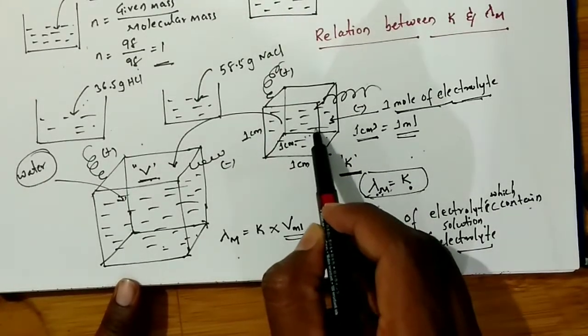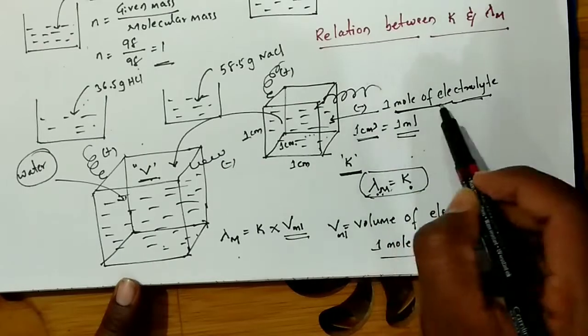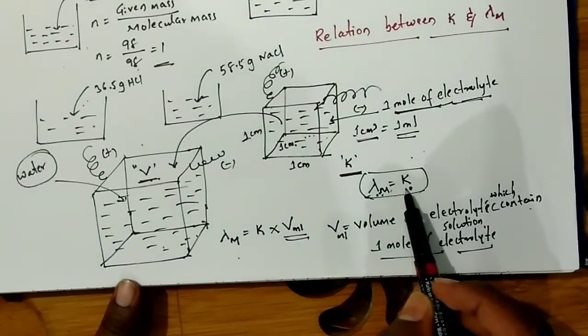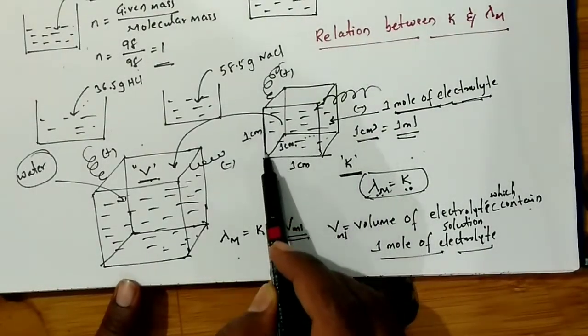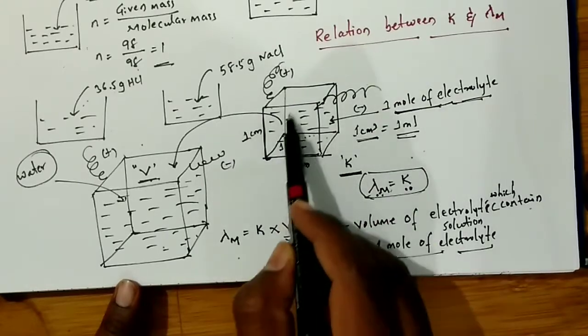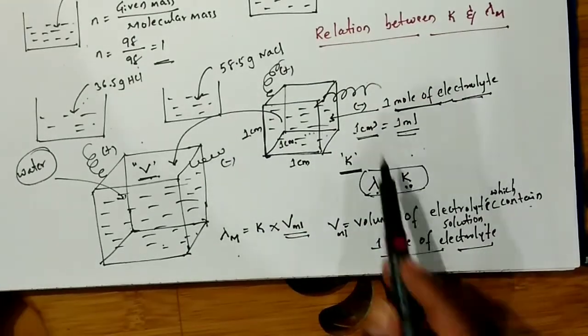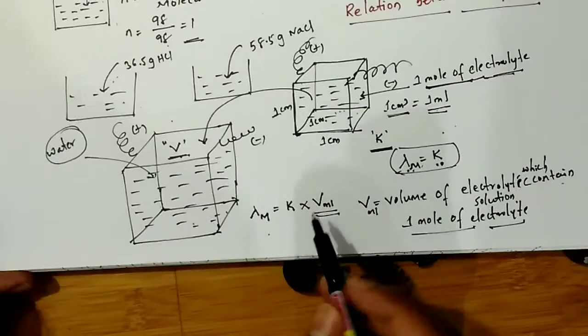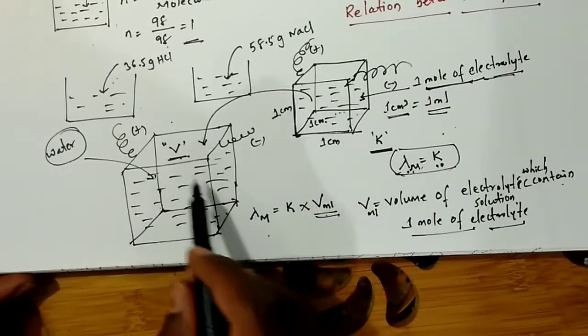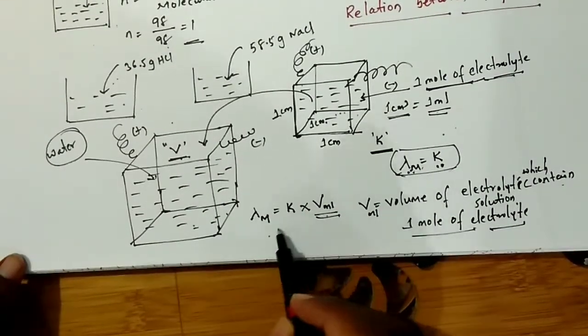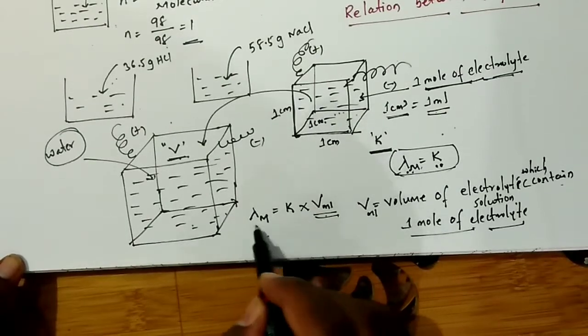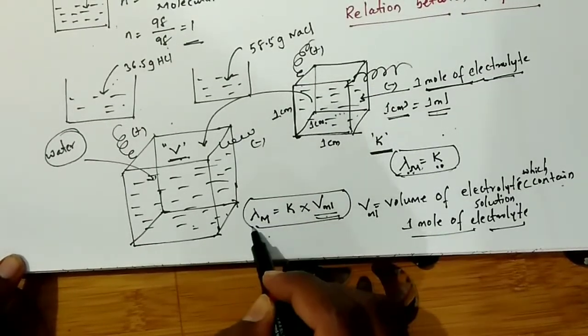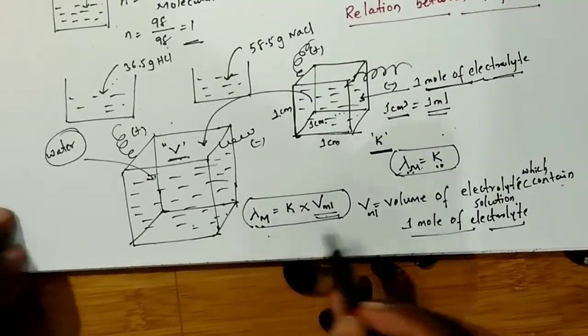Because this electrolytic solution has 1 mole of electrolyte. Why is it specific conductance? Because this is the conductance of 1 mL of electrolyte. But here it is different, we must multiply with the total volume of the electrolytic solution. So this is the relation between molar conductance and specific conductance.